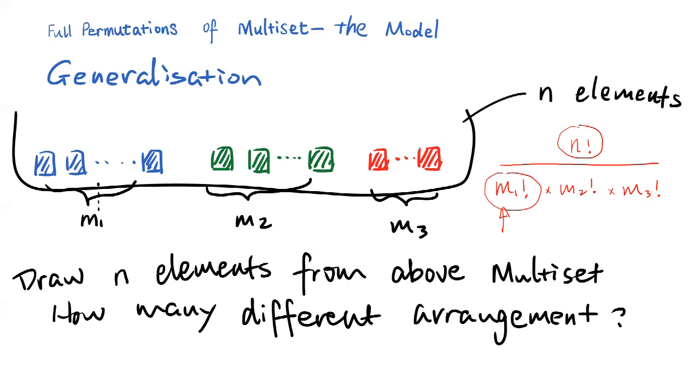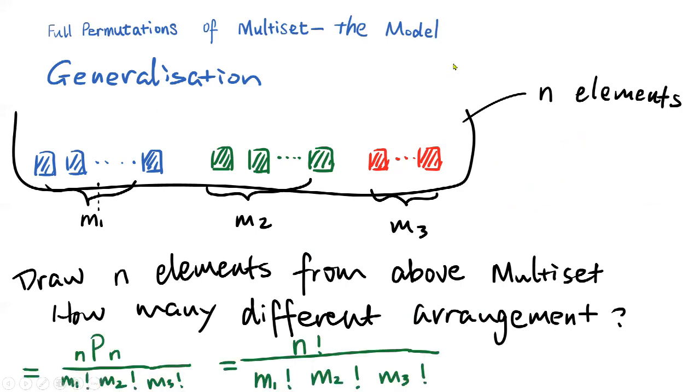All right, let's make a summary. Suppose you have a multiset that contains M1 identical tiles, M2 identical elements, and M3 identical elements, and you want to draw n elements from the above multiset and see how many different arrangements there are.